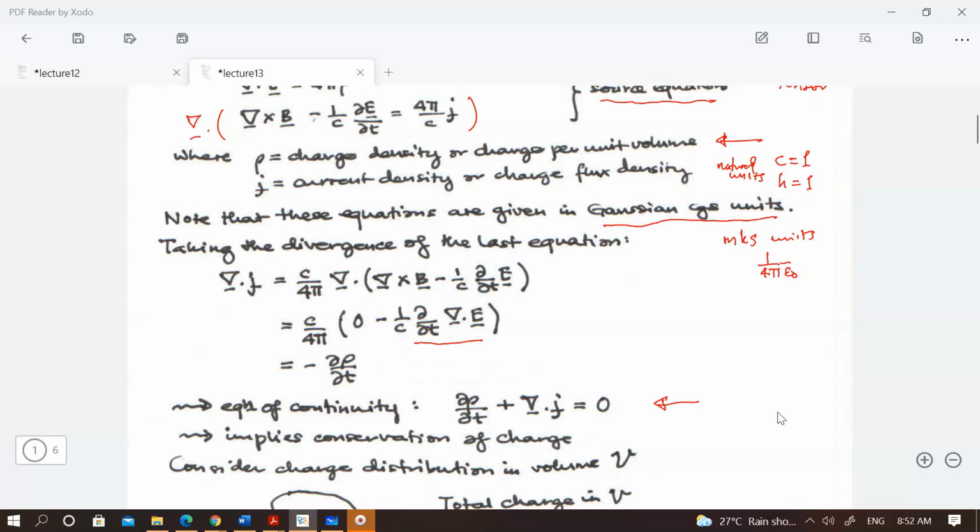Just in another situation, you have the equation of continuity in quantum mechanics. It would be conservation of probability.